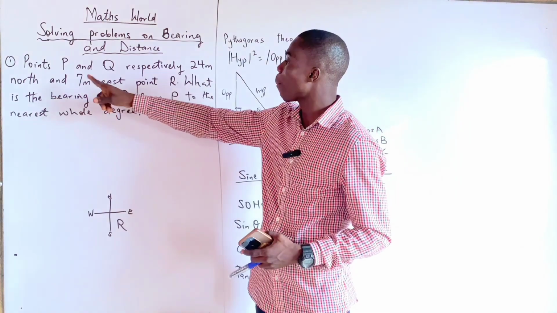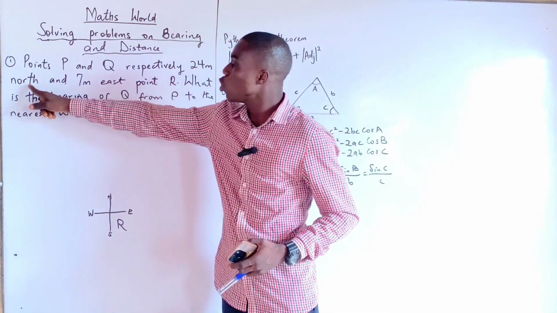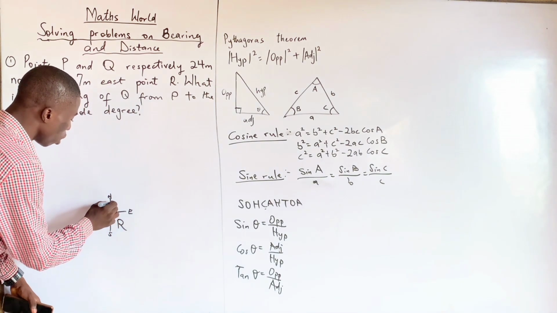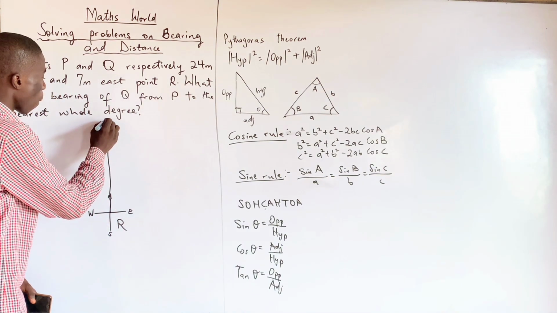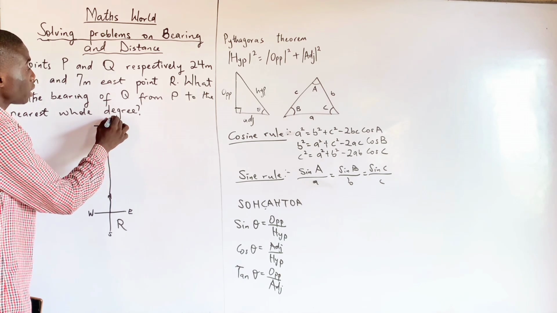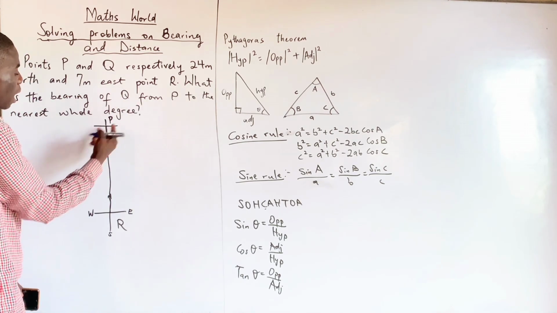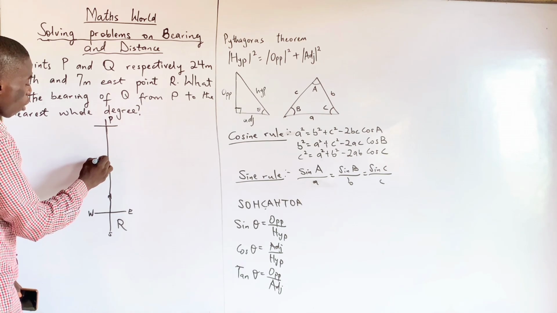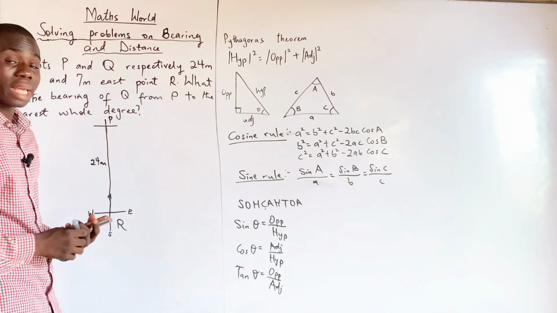So here they say that point P is 24 meters north of R. Let's now draw that one. We draw this one up. Let me stop here because of space, so I can now draw my point R. So I can say this point P is from R. But how many degrees, meters? They said 24 meters. Please be precise, as I told you.